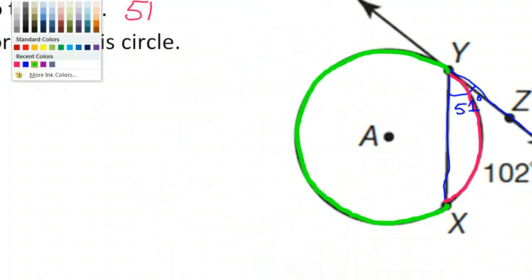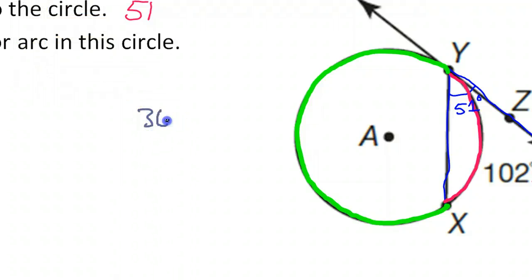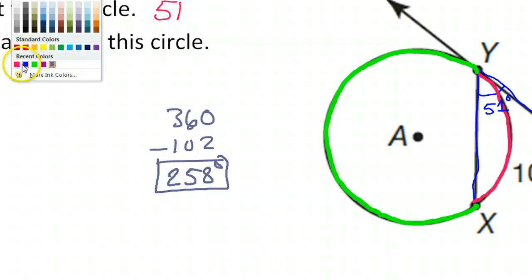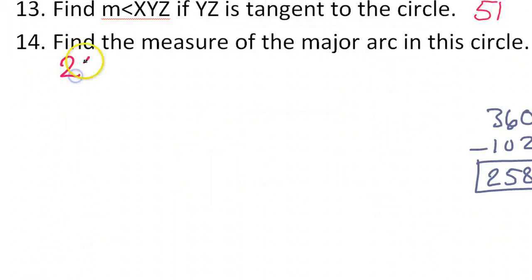So 360 minus 102. In other words, 258 degrees. Alright, that's the answer to number 14.